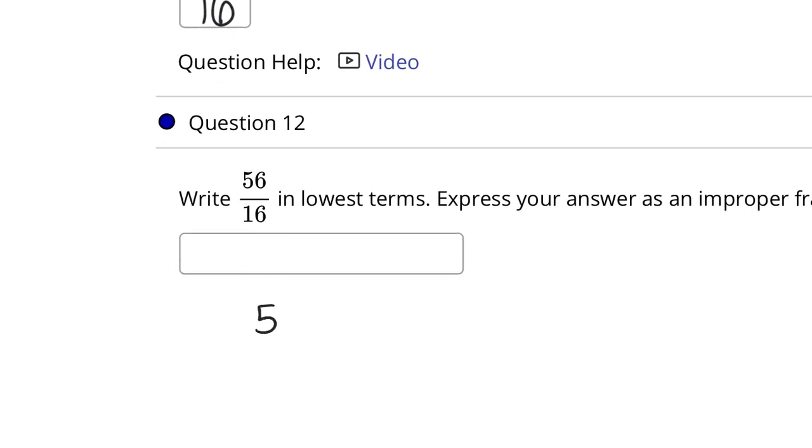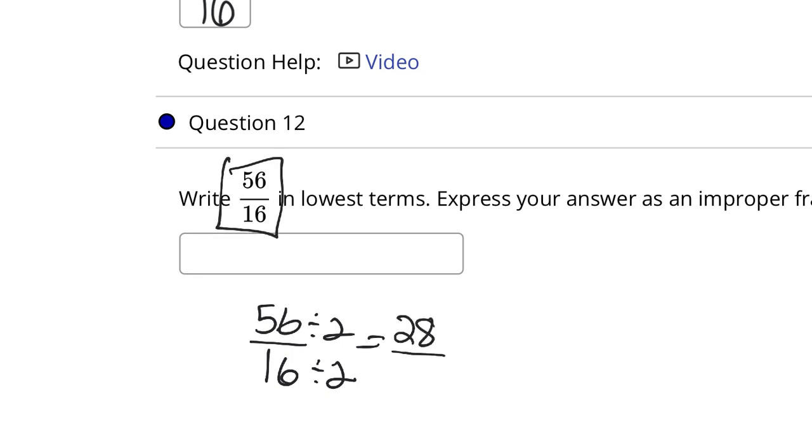56 divided by 16, that won't go evenly, so you have to just start whacking away. If you could use your ND button or whacking away common factors. This is 28 over 8. And this is 14 over 4. Almost there.